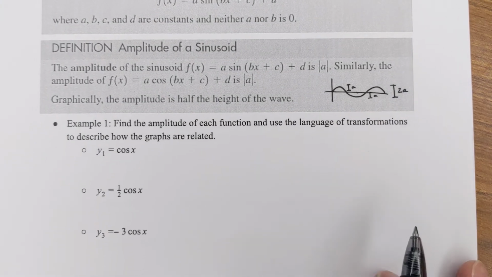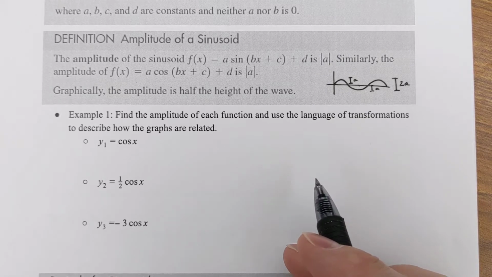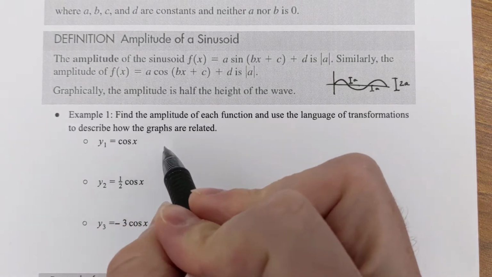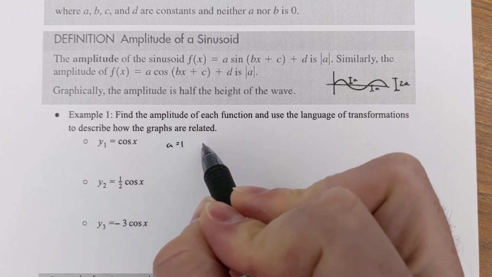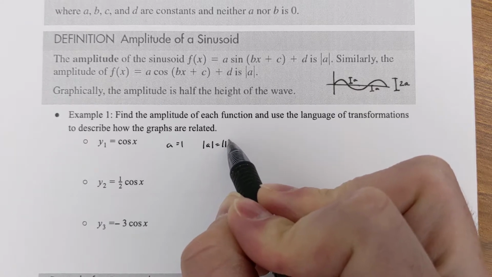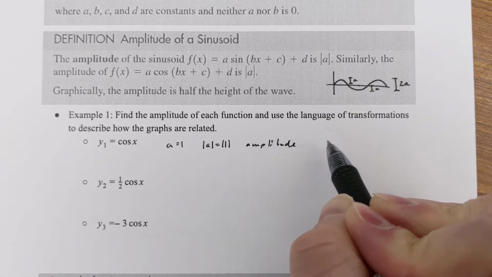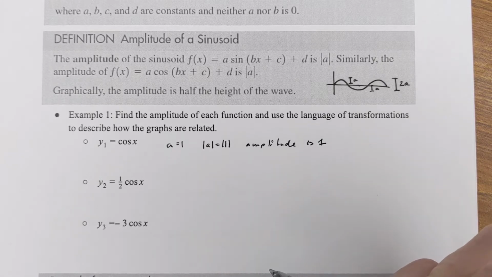All right, so example 1 asks us to find the amplitude of each function and use the language of transformation to describe how the graphs are related. This graph has an a value of 1, so the absolute value of a is the absolute value of 1, so the amplitude is just 1.